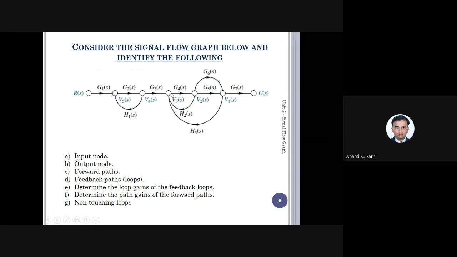There is one more loop. 4 to 5, then 5 to 6, then 6 to 4. Just imagine this part is not there. So it is like this here. 4 to 5, 5 to 6, then 6 to 4. So this part is one more loop. Where the starting point and the end point of the loop are the same, that is called a loop.